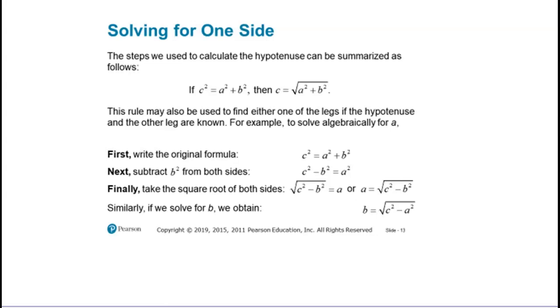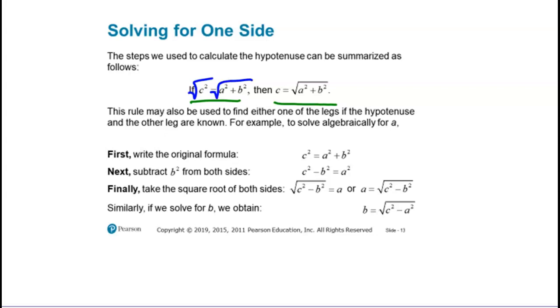Now if we want to solve for either one side or the other, and it doesn't really matter, you can call A or B either one when you're setting up these problems. But you do have to manipulate the formula a little bit. You can see that this is our original formula here. C squared equals a squared plus b squared is the Pythagorean theorem, and then we're able to convert it to this because what they're doing here is taking the square root.